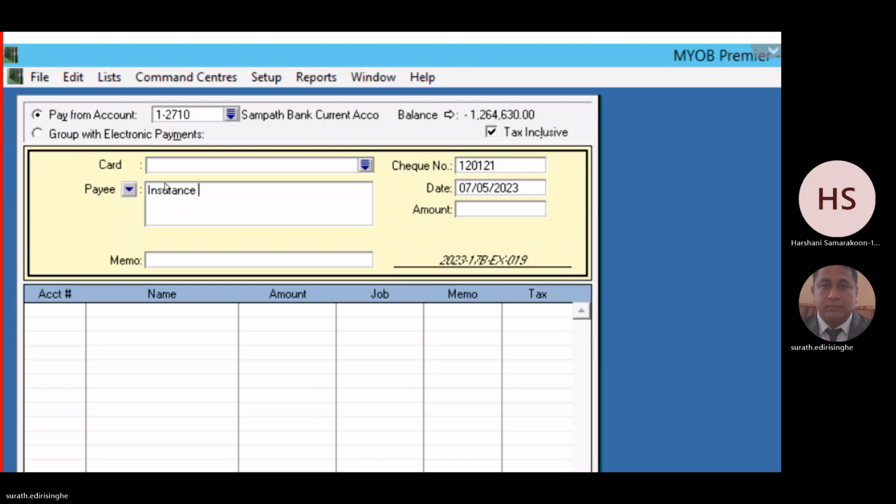Insurance. Then give a check number for this month. Let's say 500, 500. Check number.